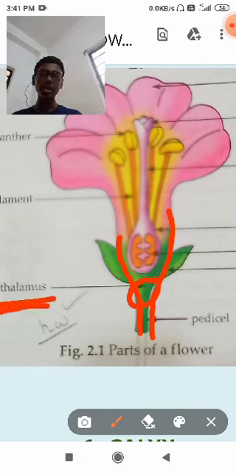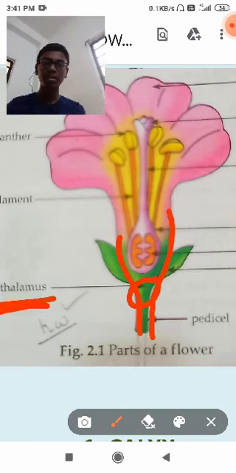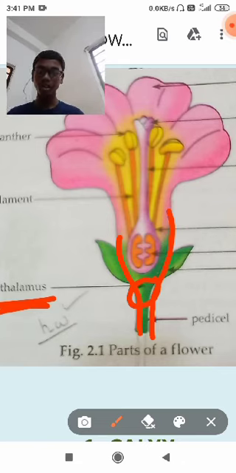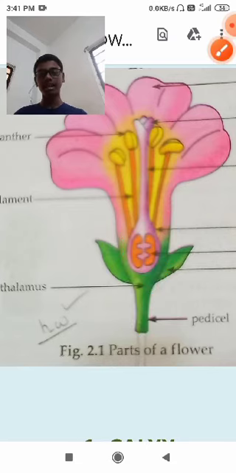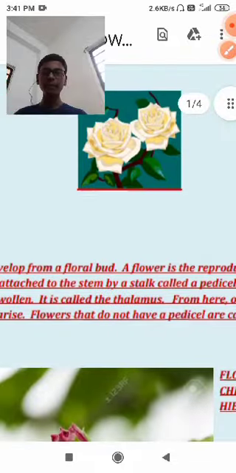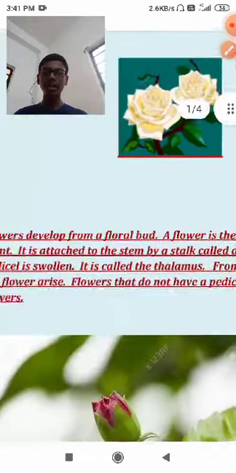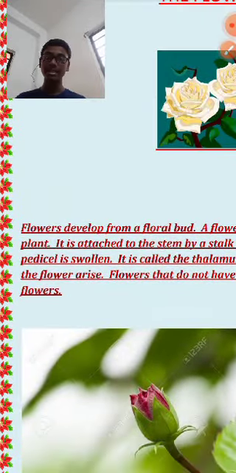Why? You can see that it is swollen. Now what is the meaning of swollen? I hope the people watching my video know the meaning of swollen. Swollen means a little broader. So it is just a little swollen, that is known as the thalamus. Next, from here other parts of the plant arise.